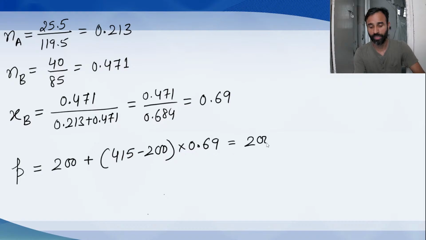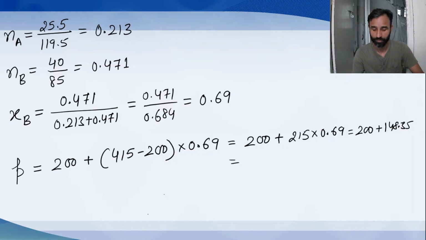So total vapor pressure equal to 200 plus 215 into 0.69. 215 into 0.69, that is 148.35, and plus 200, that is 348.35 mm of Hg. So this is the vapor pressure of the solution.